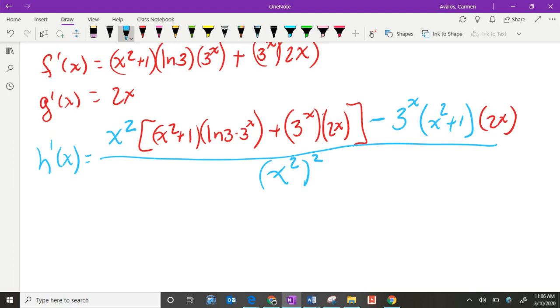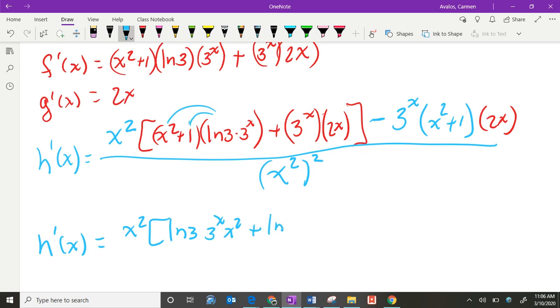And so that there is your derivative, h prime of x. But we need to cancel a little bit and work through it. And so we end up with h prime of x is going to be x squared ln of 3 to the 3x x squared, because you're distributing it on here, plus ln of 3 to the x, plus this one here is just going to be 2x times 3 to the x.